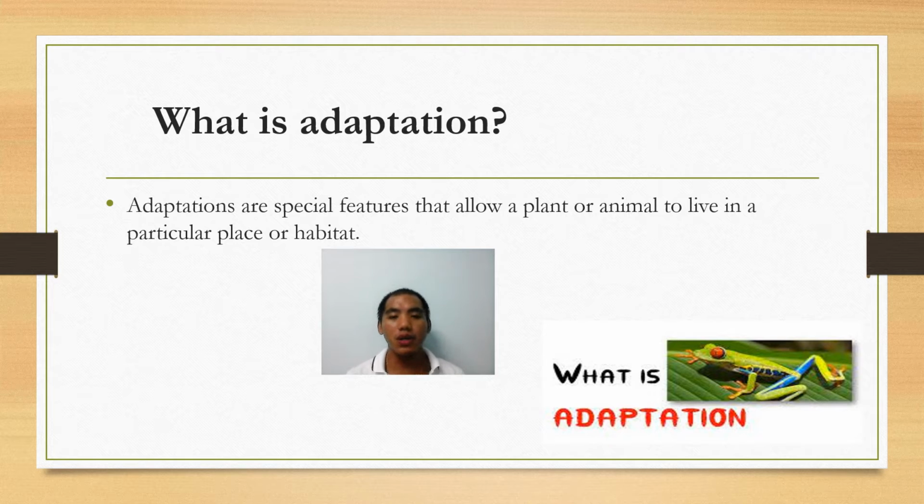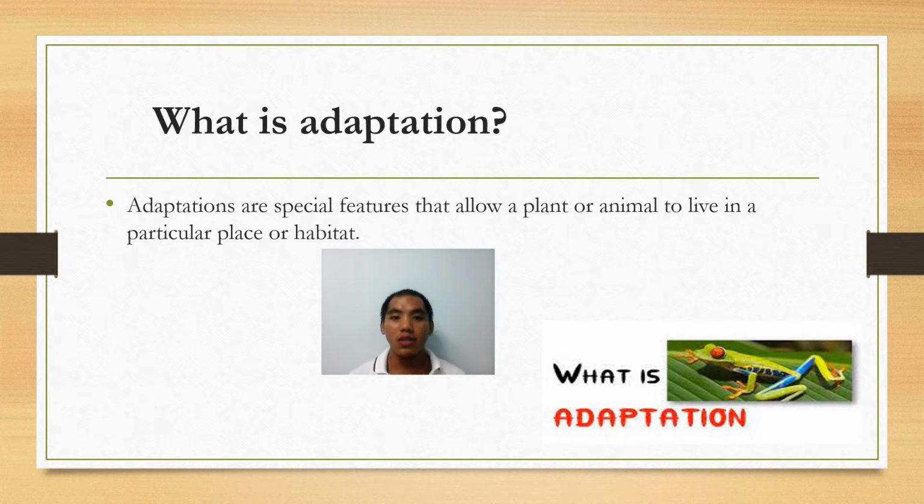Next we have adaptation. What does the word adaptation mean? Adaptations are special features that allow a plant or animal or even other living things to live in a particular place or habitat. So again, adaptations allow a plant or animal to live in a particular place or habitat.